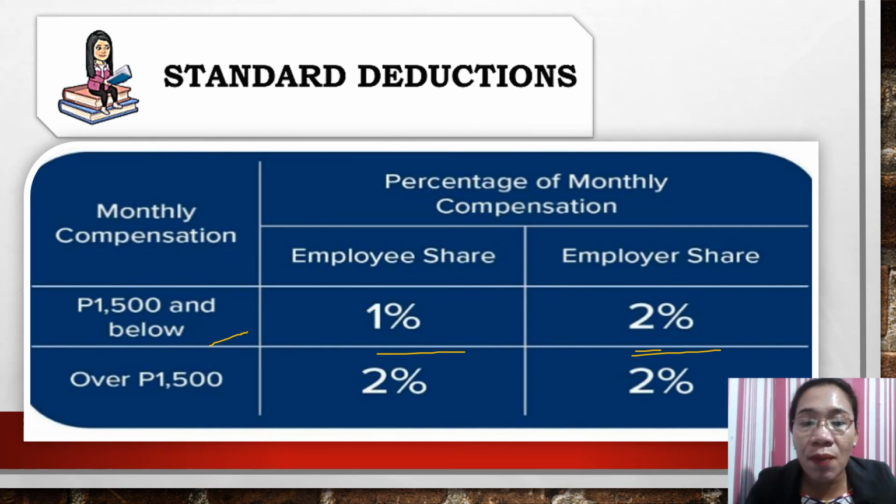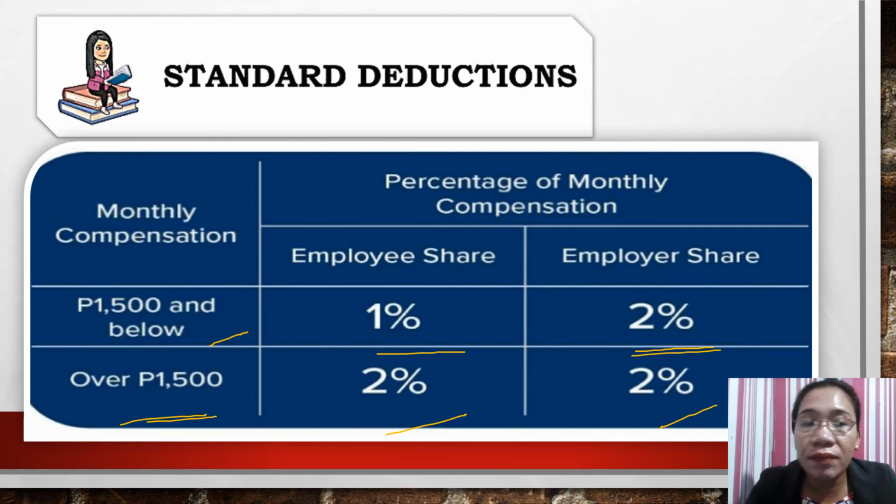Pero yung amo mo, magbabayad siya ng 2%. Pero yung sahod mo, halimbawa, is 10,000. So, you belong to this category, wherein, ikaw ay magbabayad ng 2% at yung employer mo another 2%. So, ganun yun. Simple lang ang pag-compute. Tandaan kasi meron tayong exercise mamaya.